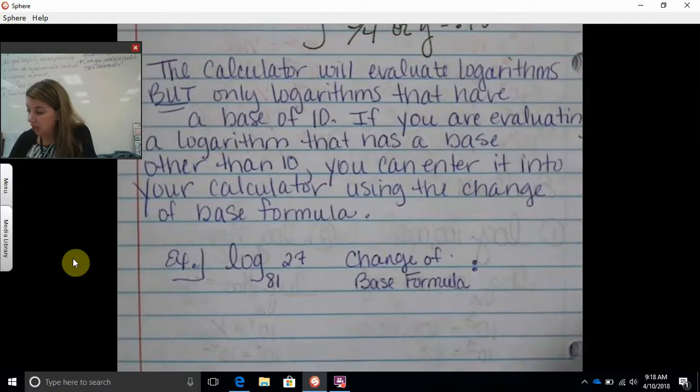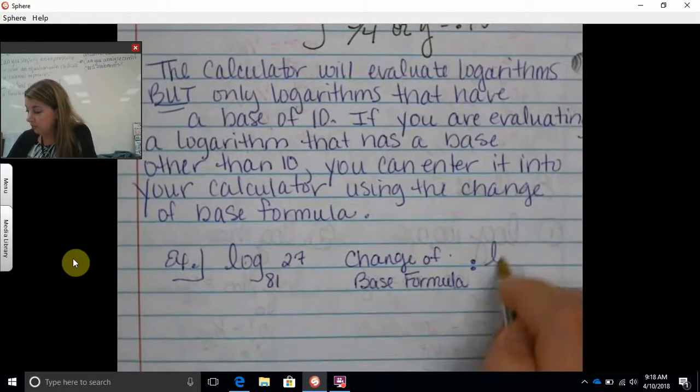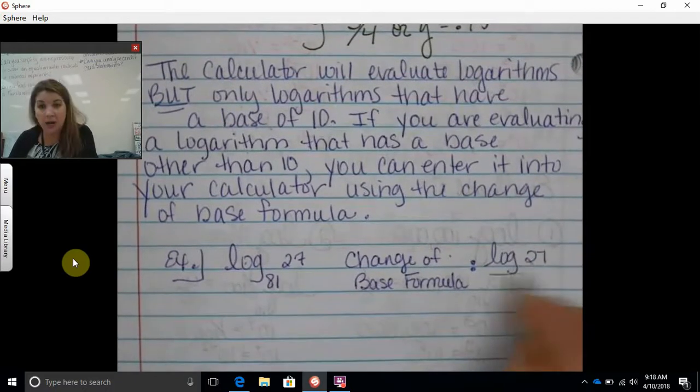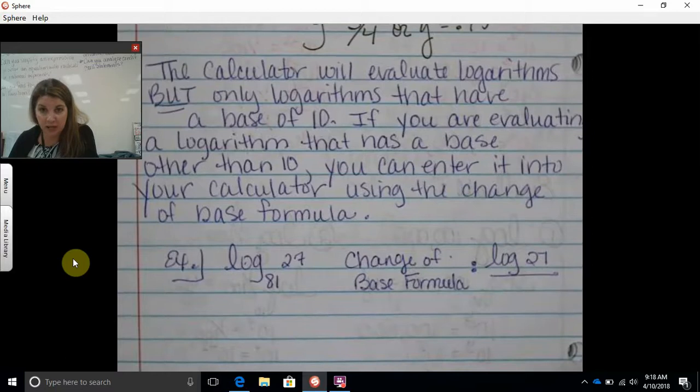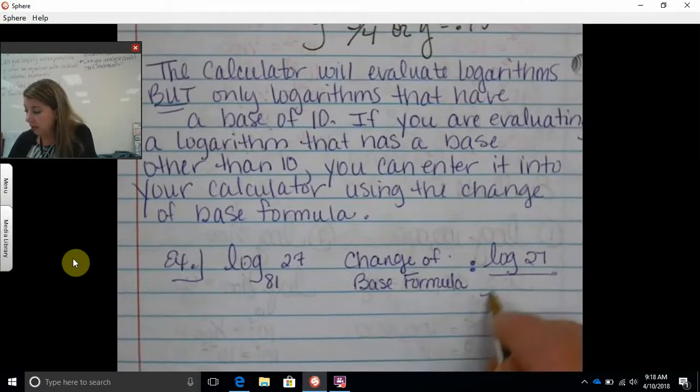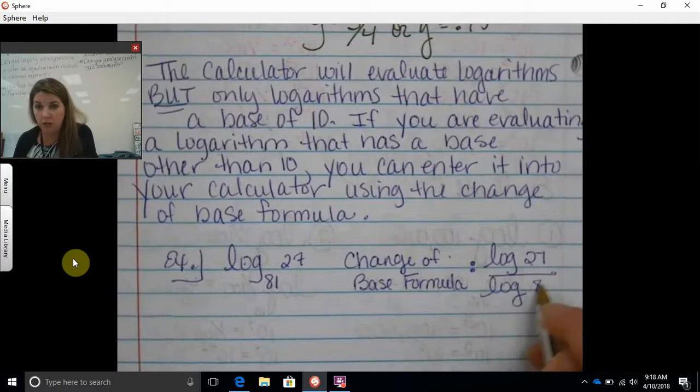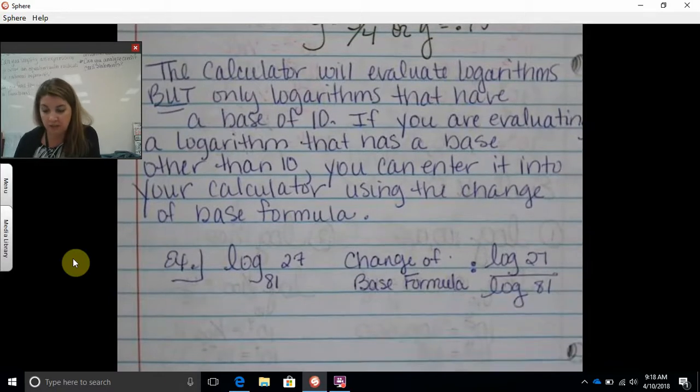I would take the log of 27. Notice I'm not writing a base, so that's an implied 10, which is a common logarithm, divided by the log of 81, also having a base of 10.